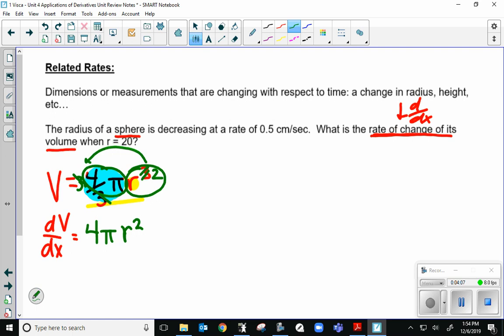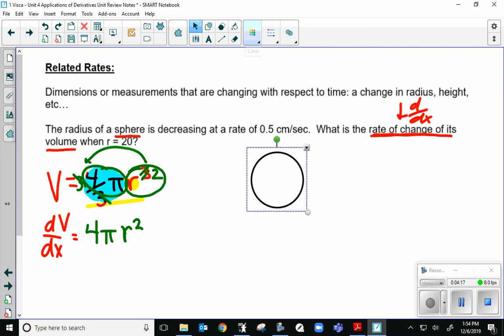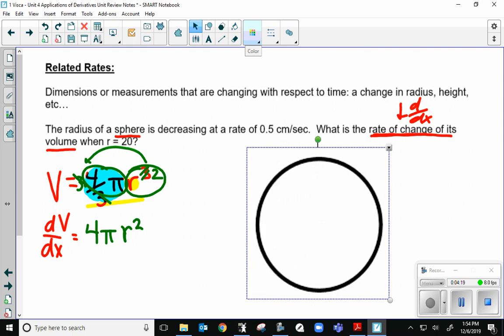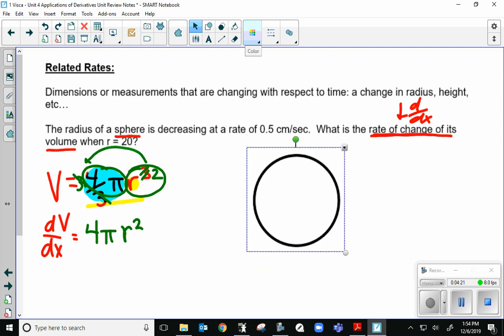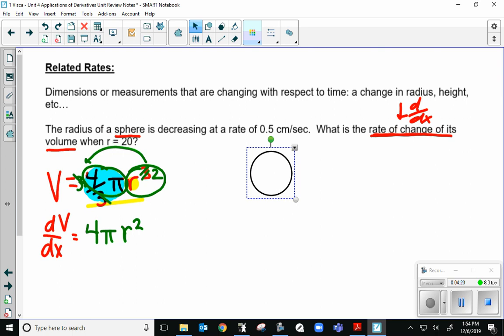If my volume is going through a change in rate, ready? Let's do this. If my circle is going through a change in rate of area or volume, the radius is also going through a change.